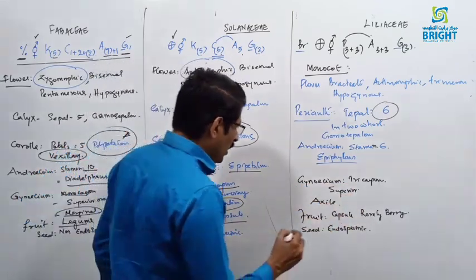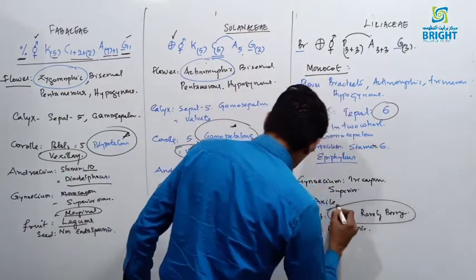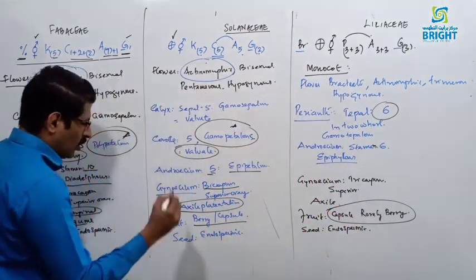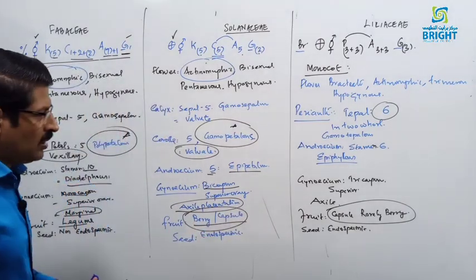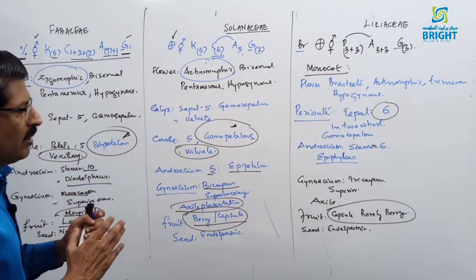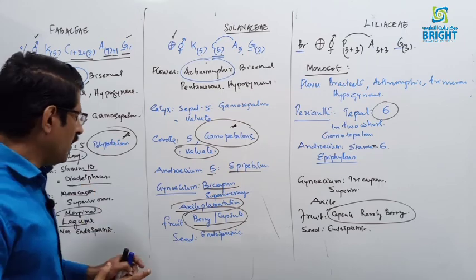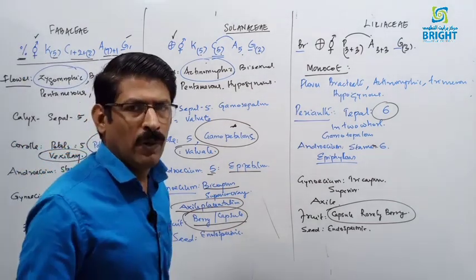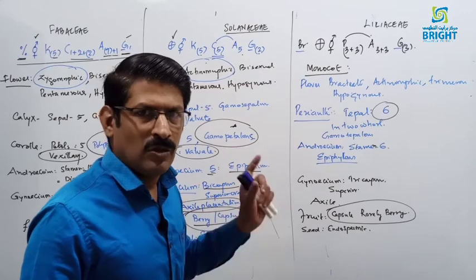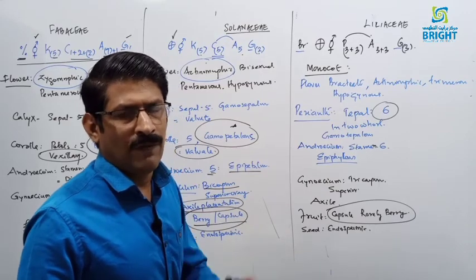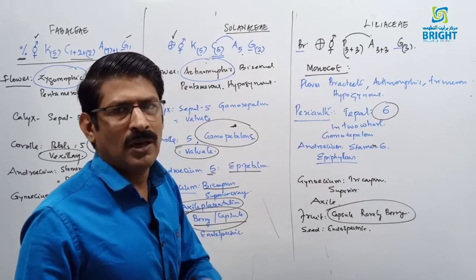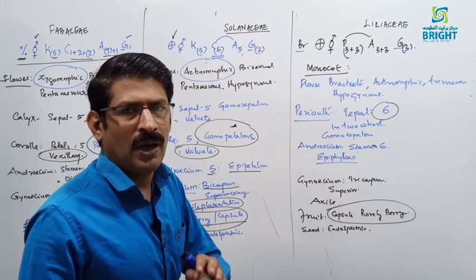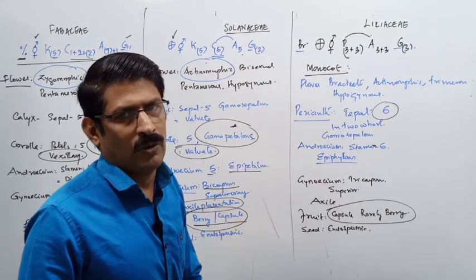Fruit is capsule, rarely berry, but in the case of Solanaceae, berry is common but capsule is very rare. So these types of differences you must study very well, and which is with endospermic and non-endospermic seed. So this is a brief about the 3 families. So write each and every point and study the examples as per the NCERT textbook.